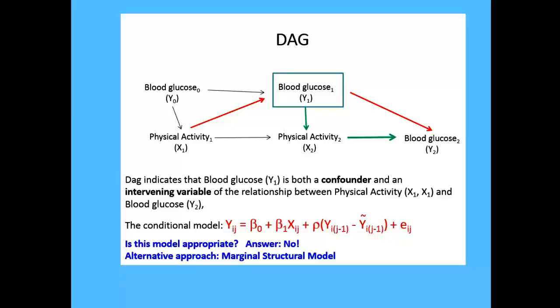And so it's not an appropriate approach to use conditional analysis to do this, because whenever you have a variable that is both an intervening variable and a confounder, you can maybe deal with the confounding part, but by controlling for it, you're not dealing with the intervening variable part of it.